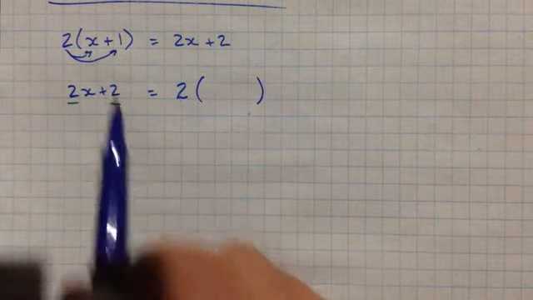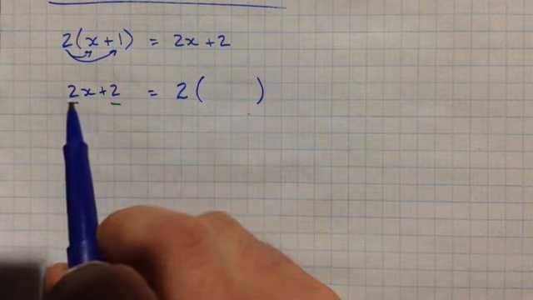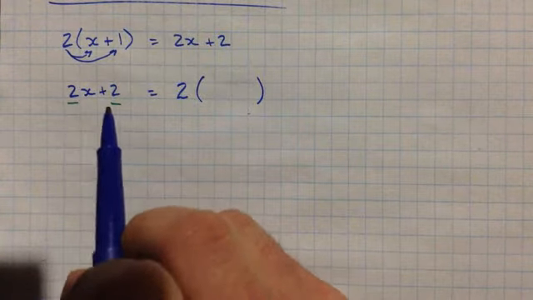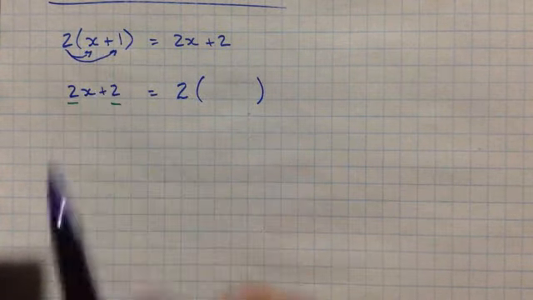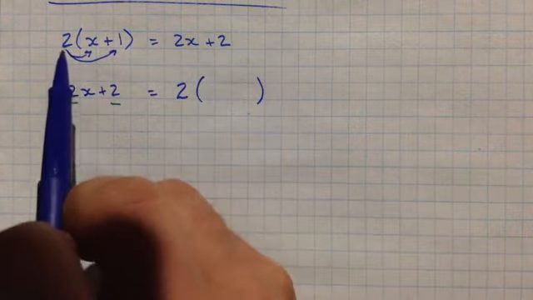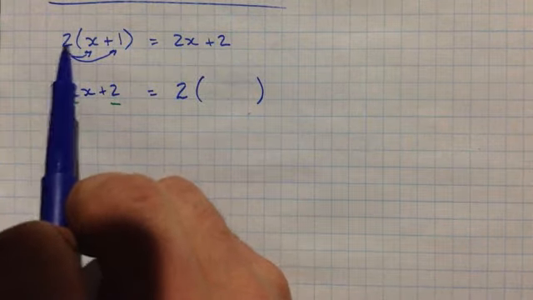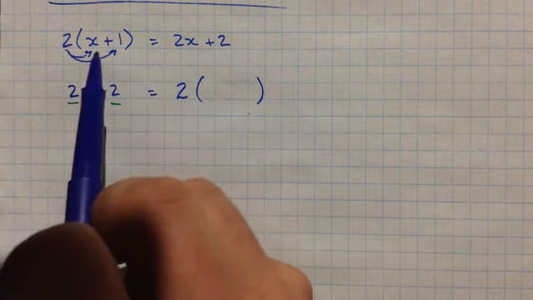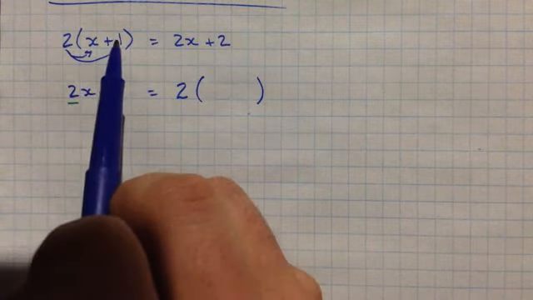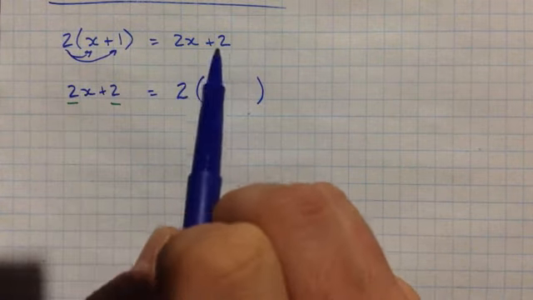Now I already know because we've done this one before, but how can I get from 2x plus 2 down to that x plus 1 that I'm looking for? Well, the distributive property says that if you multiply something by an expression, then you multiply it by each term of the expression, just like we've done here.